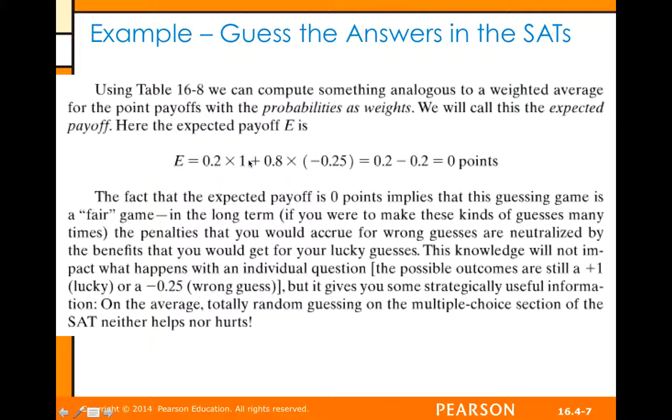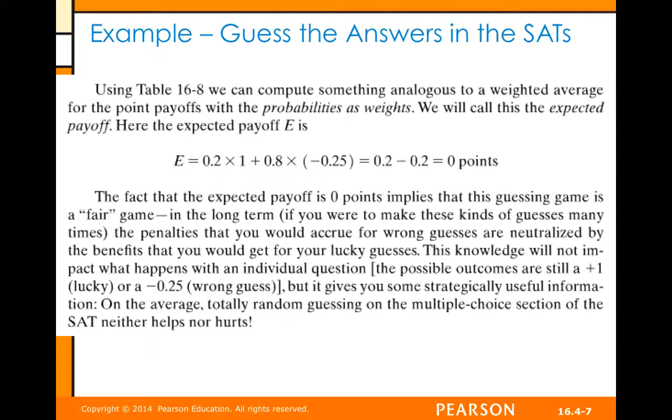So when we compute the expected value, we get 0.2 times 1 plus 0.8 times negative a quarter, and those cancel each other out, and you're left with just 0. Since we're dealing with payoffs, you can say expected payoff. Your expected payoff in this case is 0 points.